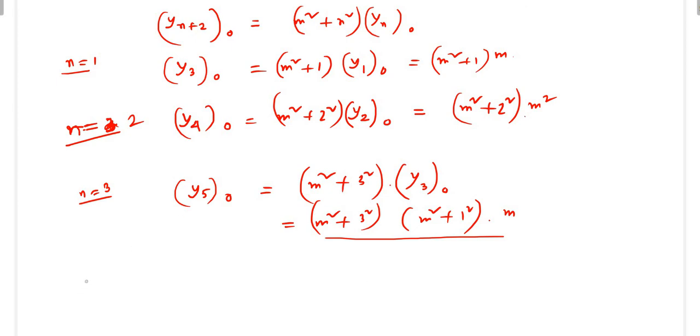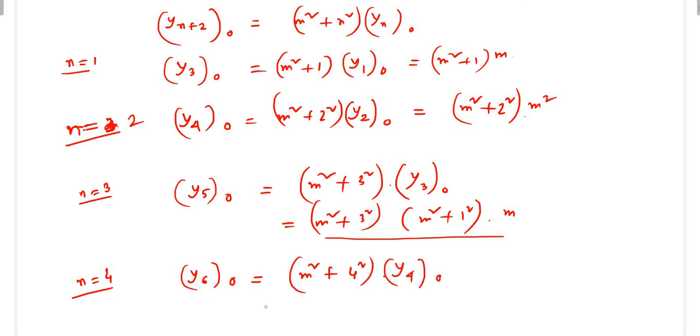If you just find another one, n equal to 4, it is y6 at 0 equal to m square plus 4 square into y4 at 0. y4 at 0 is already computed, so it is m square plus 4 square into m square plus 2 square into m square.